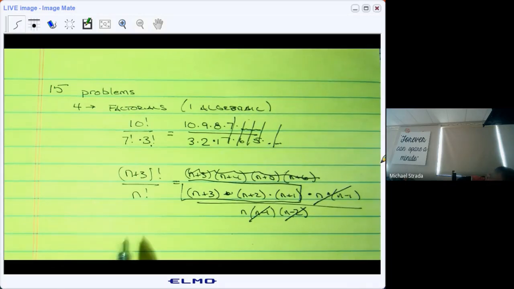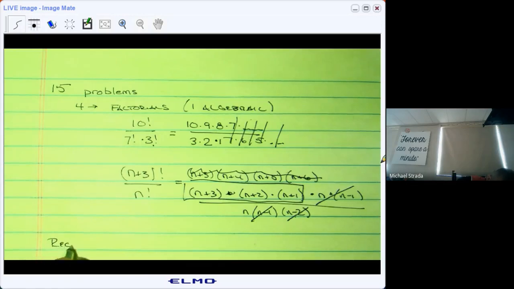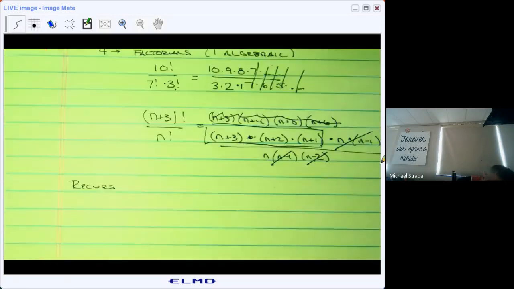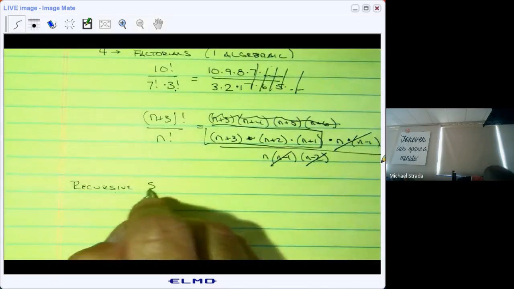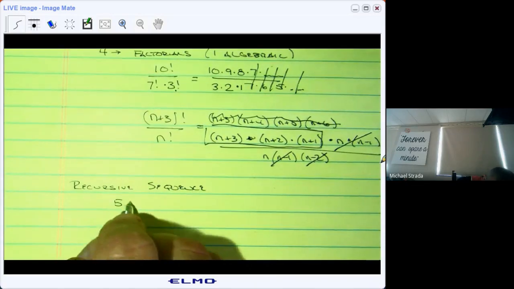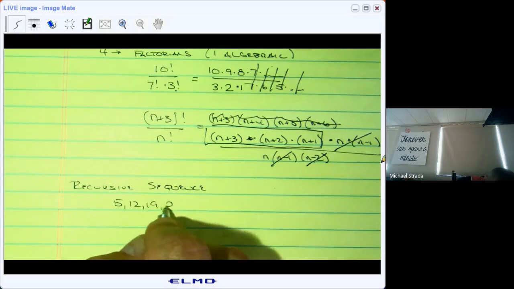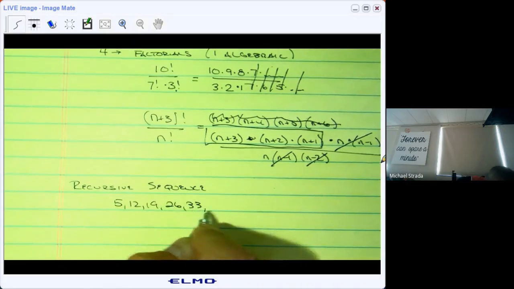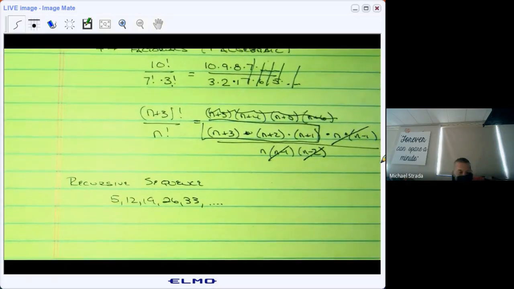So, you have a recursive sequence, which means you have 5, 12, 19, 26, 33, and so on.